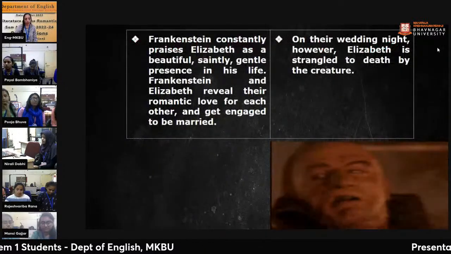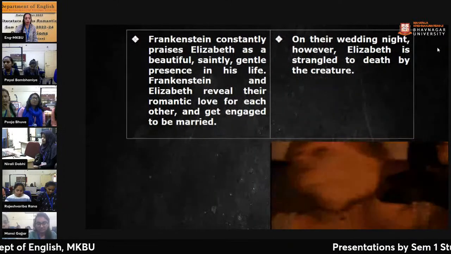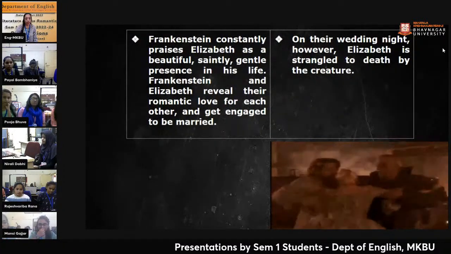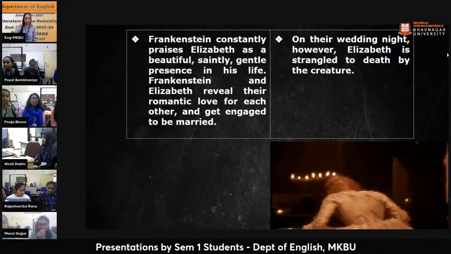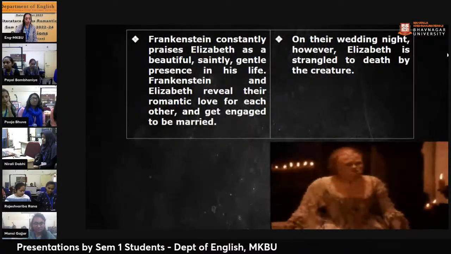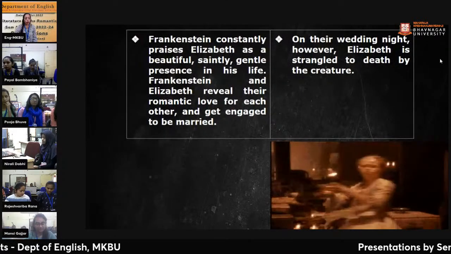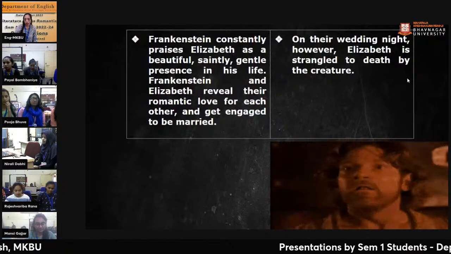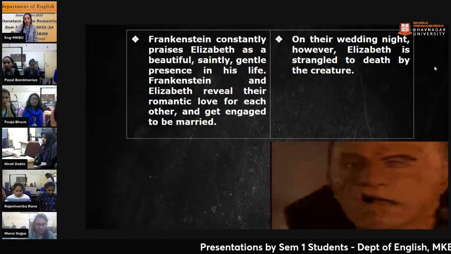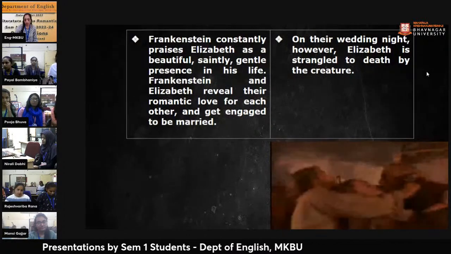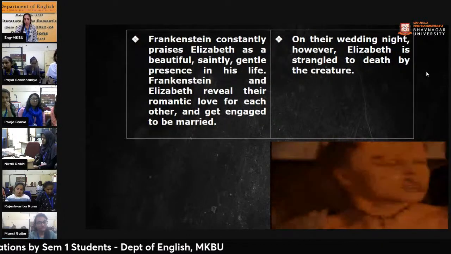Frankenstein constantly praised Elizabeth as a beautiful, saintly, gentle presence in his life. Frankenstein and Elizabeth reveal their romantic love for each other and get engaged to be married. On the other side, on their wedding night, however, Elizabeth is strangled to death by the creature.